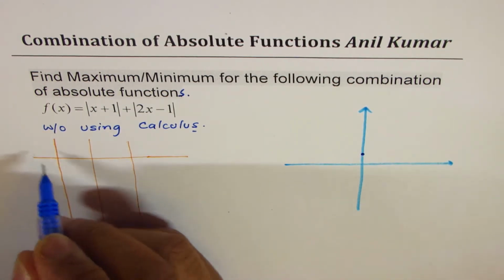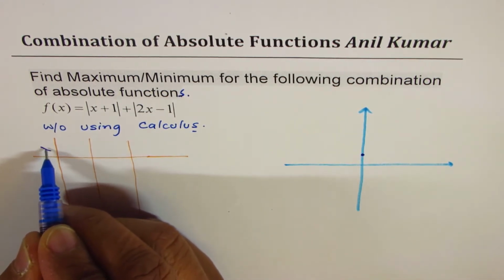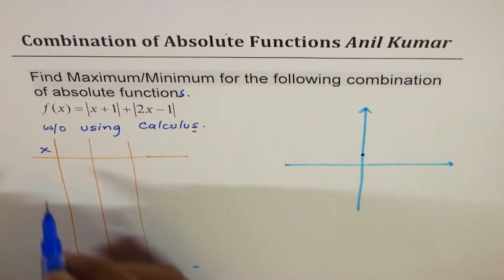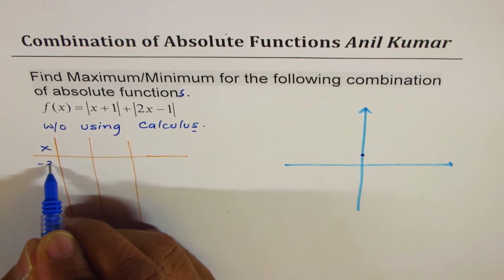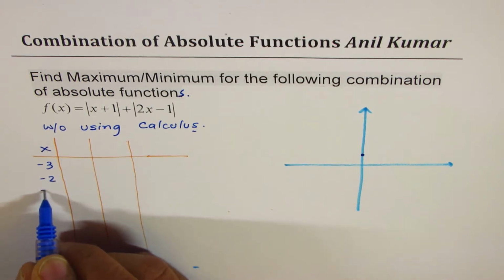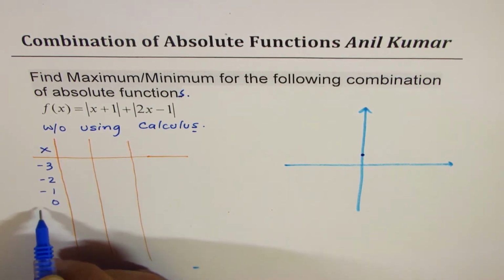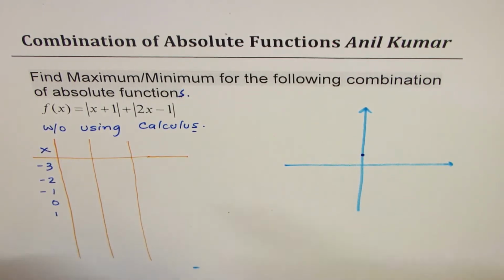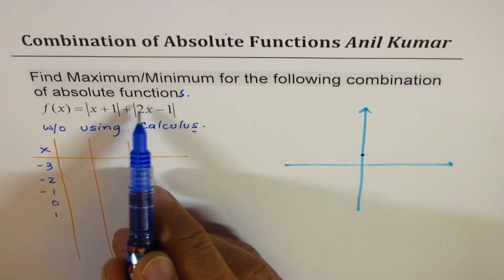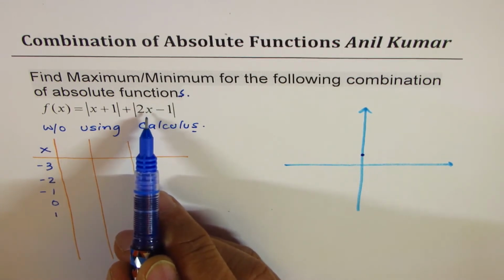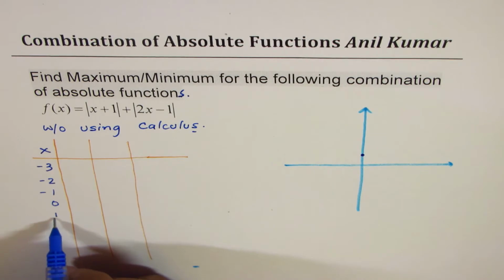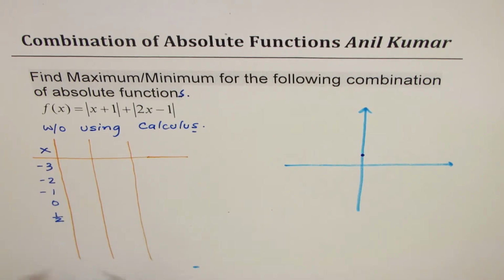So let me plug in the values here. Let's take very few values: minus 3, minus 2, minus 1, 0. Since the second part of the function is 0 at half, I would like to include the value half here. Normally I would take 1 and 2, so I'll just take half, 1 and 2.